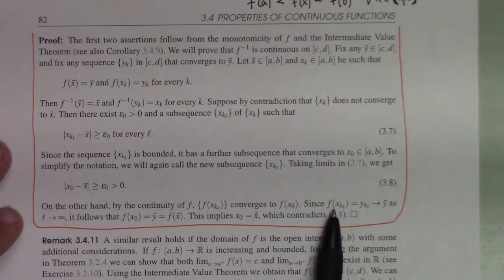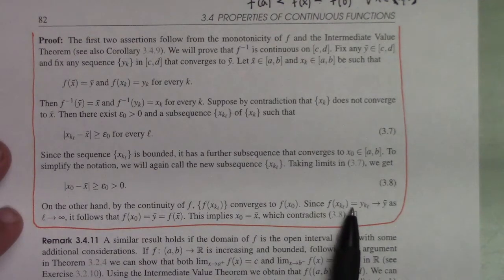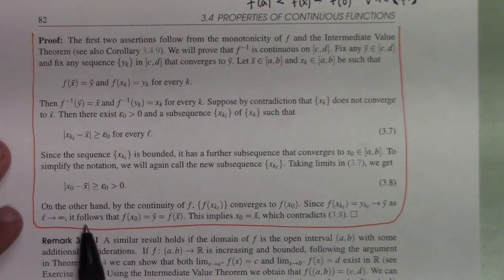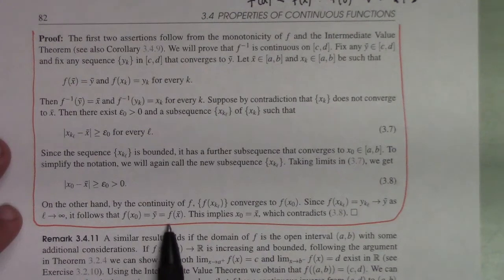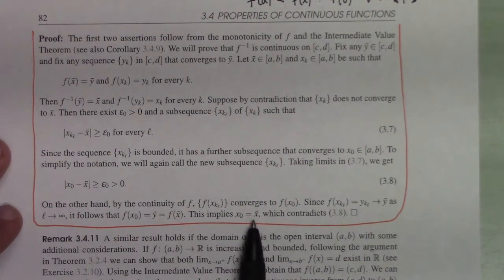So f of xkl, which equals ykl, converges to y bar as l goes to infinity, and it follows that f of x naught is equal to y bar, which is equal to f of x bar. But that implies that x naught is equal to x bar, and that contradicts 3.8.